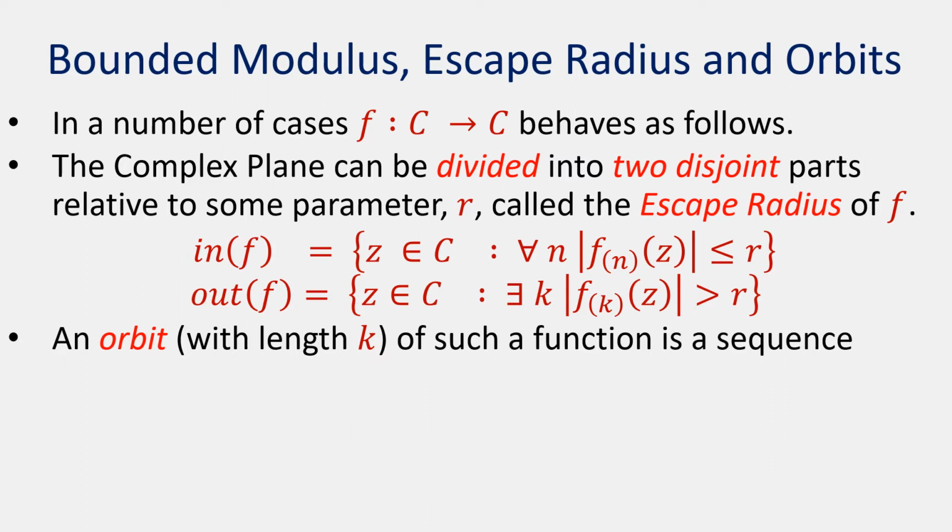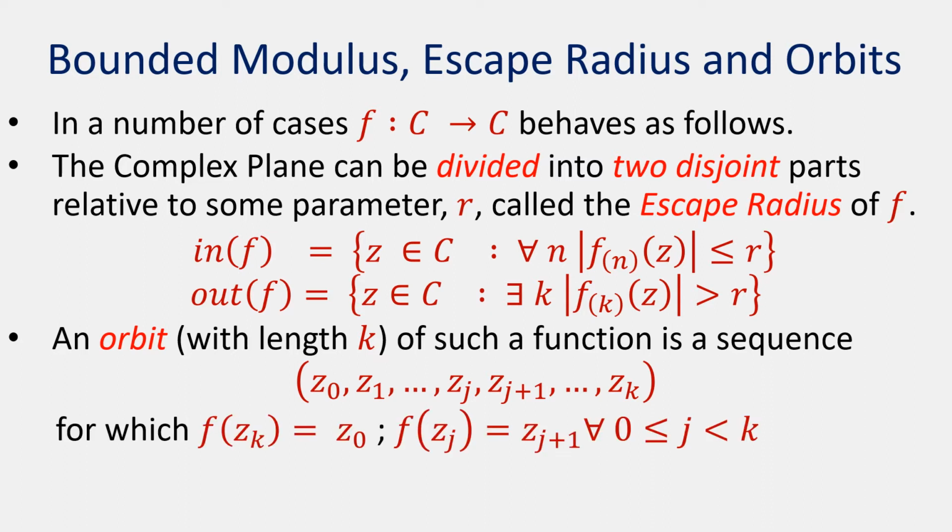The other object that these give rise to is a notion called an orbit. So what we have is a sequence of complex numbers from this one, up to the largest member of the sequence, and these have the property that when we apply the function to the first element, we get this one. If we apply the function to the middle element, we get this one.